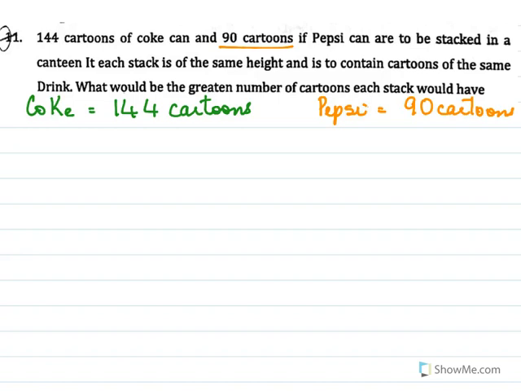So these 144 cartons, again we need to stack them up in equal heights. We don't know how many. And then we have this Pepsi, which also has to be stacked up. Here also we do not know how many. So we say, let the number of cartons in a stack be x.